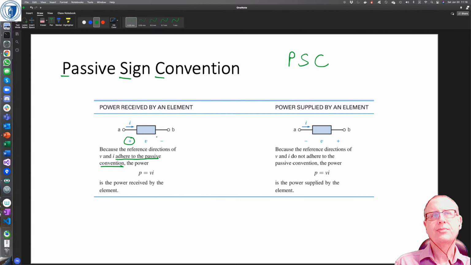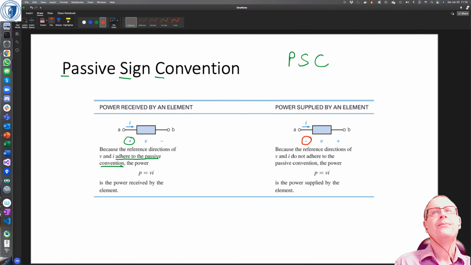If, on the other hand, we have the current flowing into the negative side of the voltage, then here the voltage and current are said to not adhere to the passive sign convention.